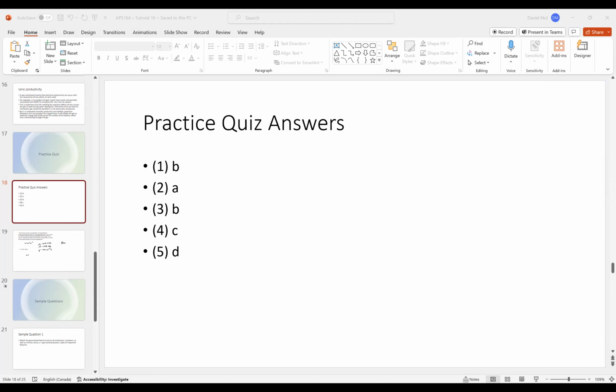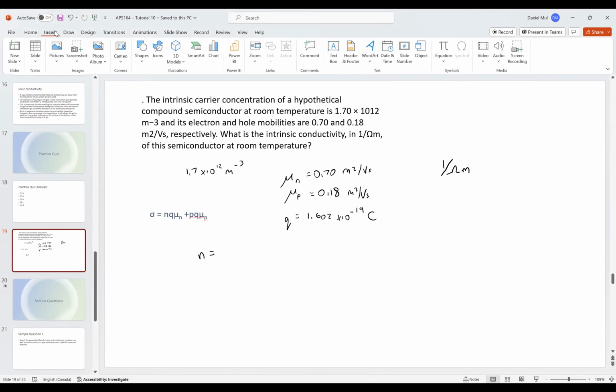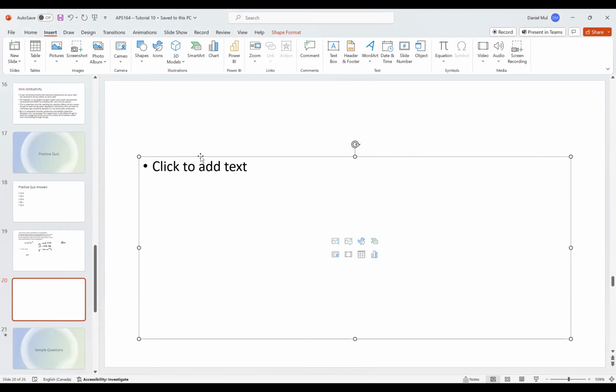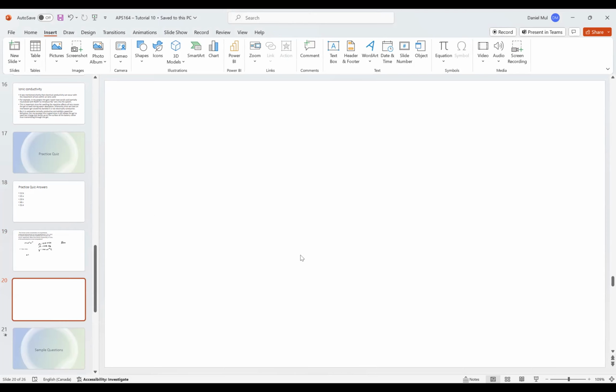So we got B. If we remember from 2 tutorials ago, this is 3, it says that ceramics have a directional ionic bonding which makes them opaque.